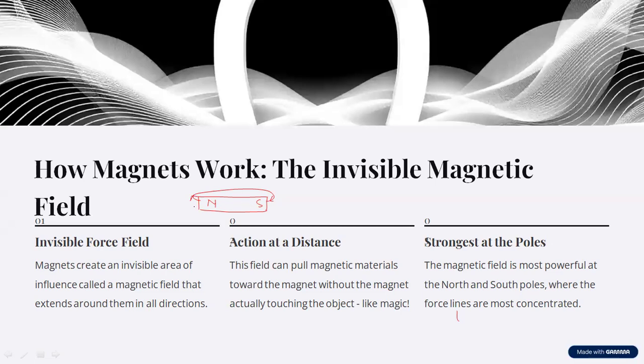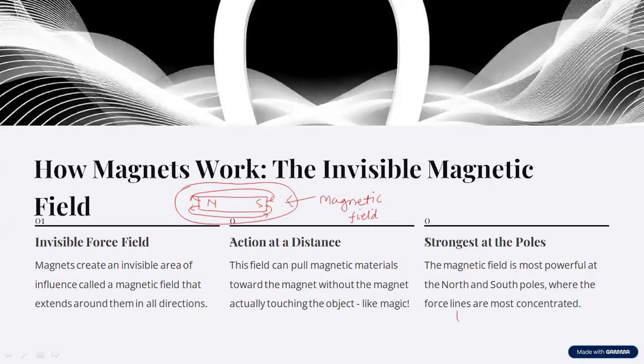Okay. So we assume as if some invisible lines are coming out of north and they are going towards the south. So this is the region in which other magnets or magnetic material experience a force, called the magnetic field. Right? So this is something which we cannot see, we can only experience.